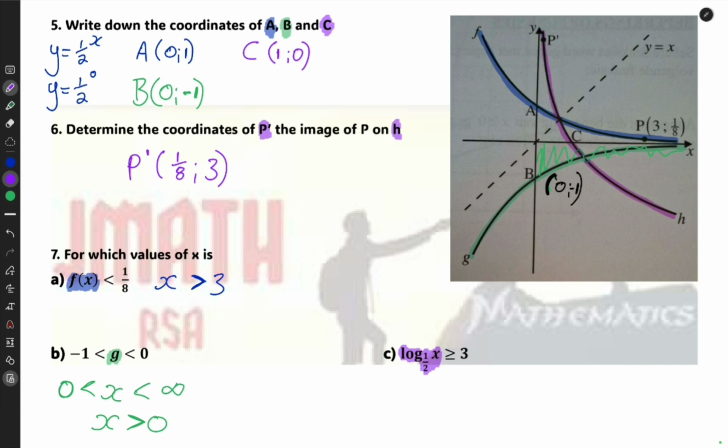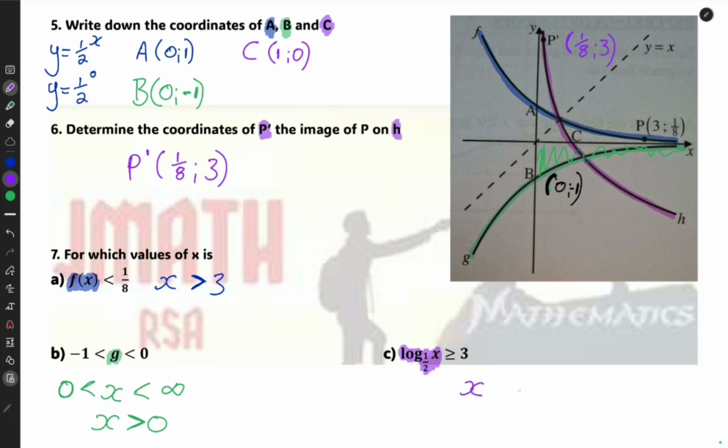Question C. For which values of x would the log graph be greater than 3? In this question, I'm going to use the answer for question 6, which says the image of P had a coordinate of 1/8 and 3. If they ask me where this purple graph goes above 3, I can see my answer is going to be something with 1/8.